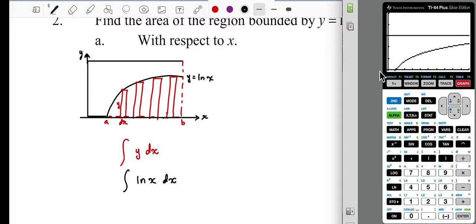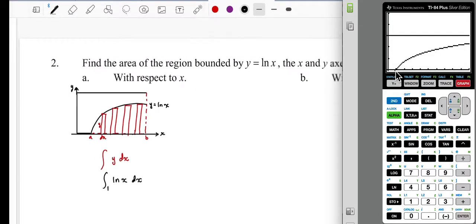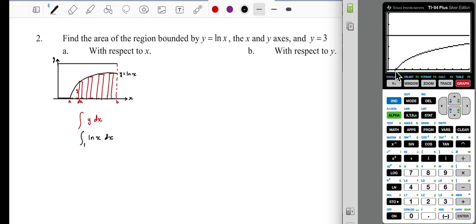It's pretty clear that it's beginning at 1, as an x-intercept, since the natural log function begins at 1 because natural log of 1 is equal to 0, so we're good there. We only want it to go up as far as y equals 3.